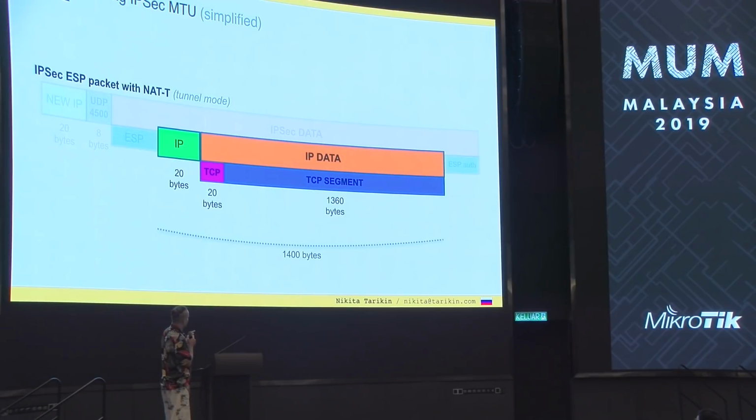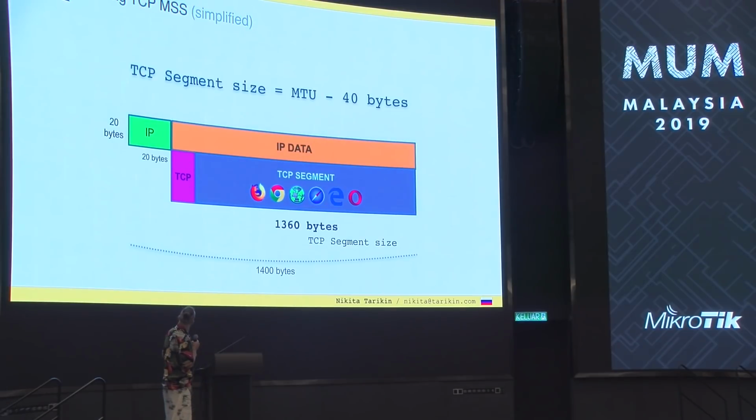What is it? The TCP segment is the payload of the TCP packet. The maximum size of the TCP segment here is already 1,360: the payload, the HTTP data, or whatever, with 40 bytes already taken by the IP and TCP headers. So yes, this next slide explains everything.